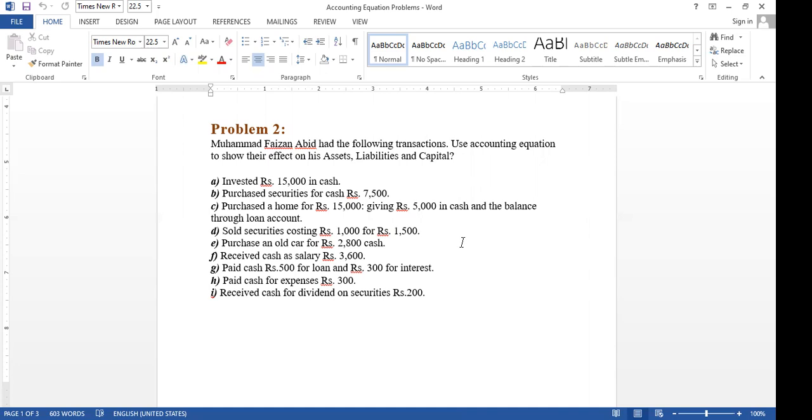E. Purchase an old car for rupees 2,800 cash. F. Received cash as salary rupees 3,600. G. Paid cash rupees 500 for loan and rupees 300 for interest. H. Paid cash for expenses rupees 300. I. Received cash for dividend on securities rupees 200.